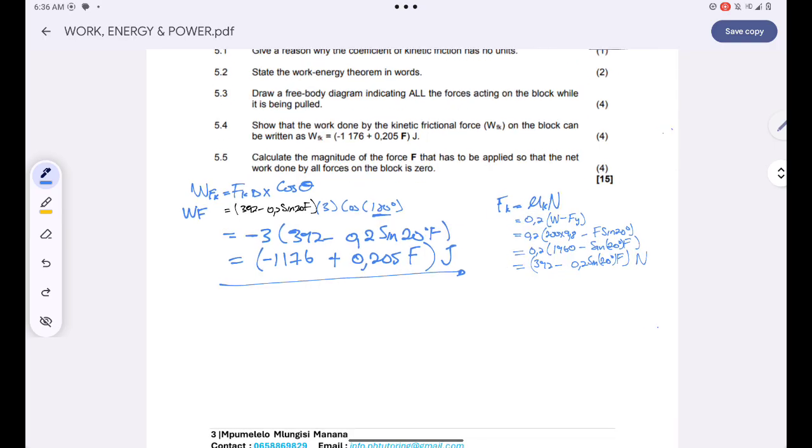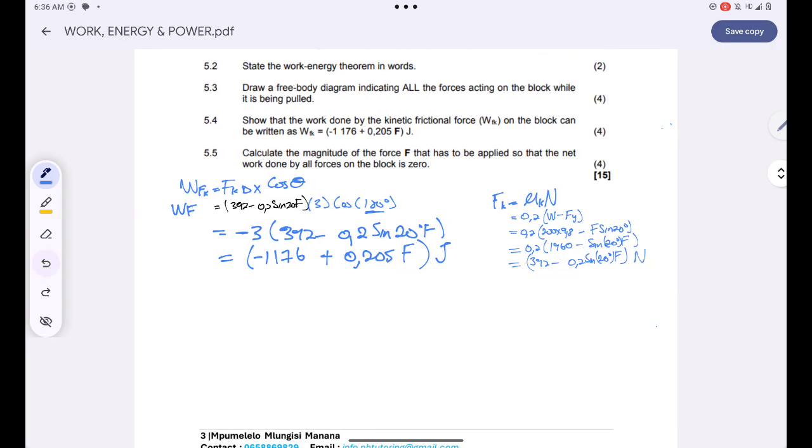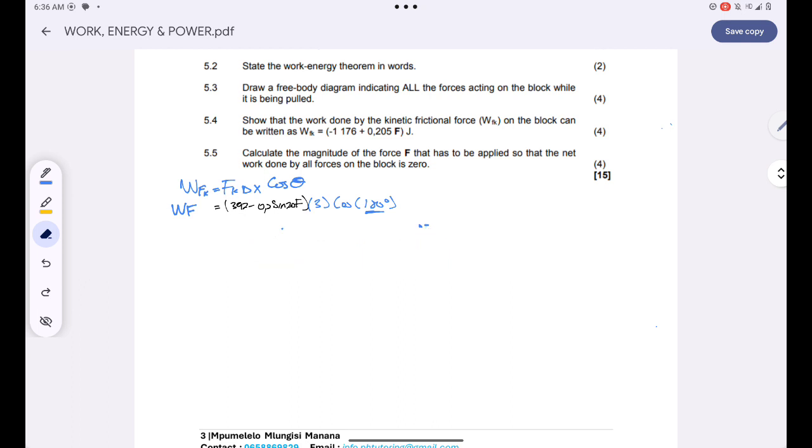If work net is 0, guys, it simply means that F net is also 0. It simply means that there's no change in kinetic energy. Acceleration is 0 as well, and there's no change in velocity.